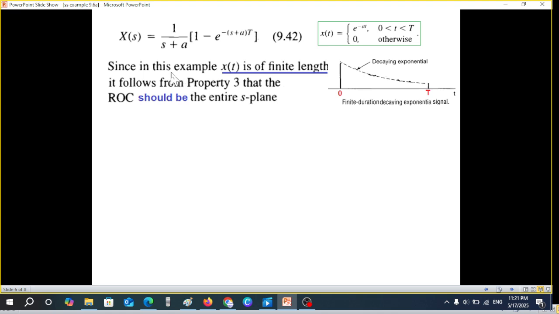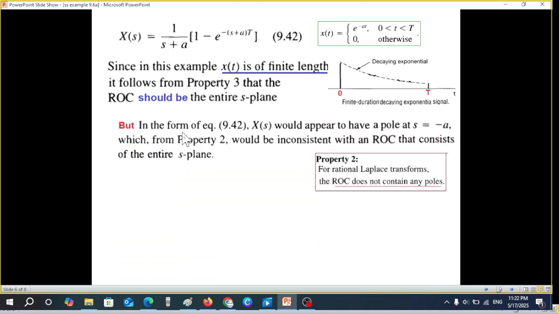Now, since in this example x(t) is of finite length, it follows from property 3 that the ROC should be the entire S plane. But look here, this looks like a pole. In equation 9.42, X(s) would appear to have a pole at s equal to -a from here.